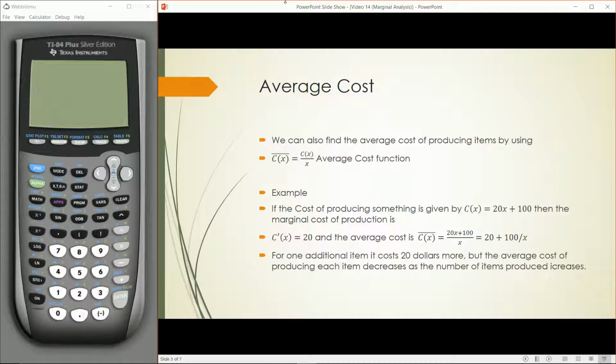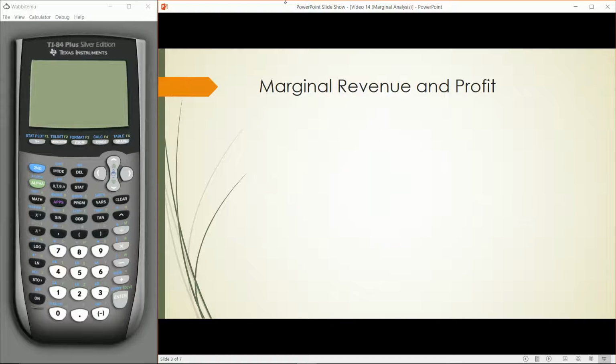So that means for each additional item, it costs you $20 more. But the average cost of producing each item decreases as you produce more, because that $100, which was constant in the cost function, is getting split amongst even more items as you produce more. Therefore, the average cost goes down for each of them.